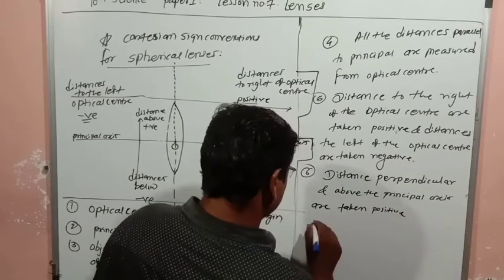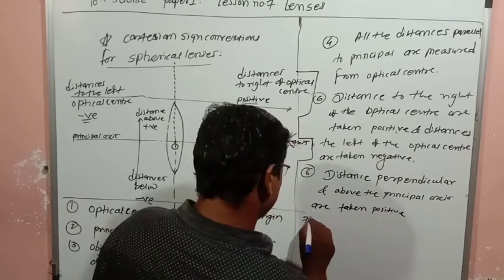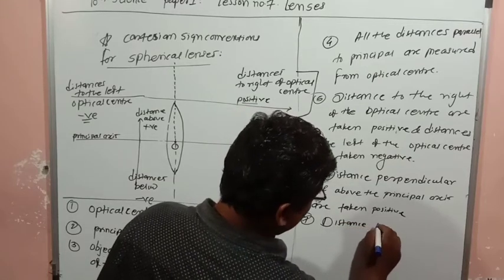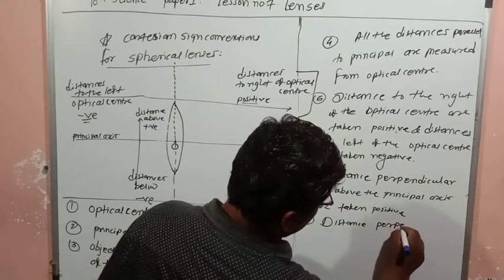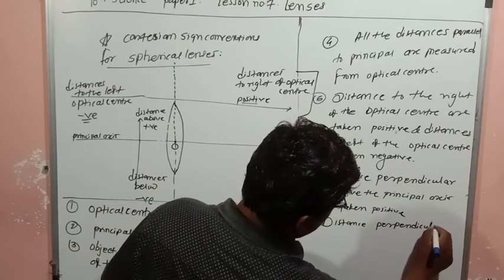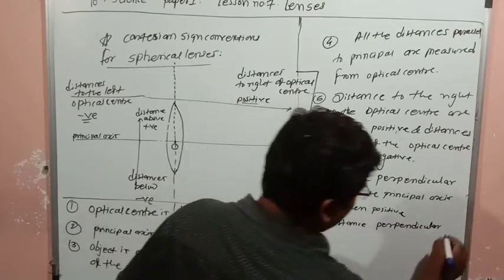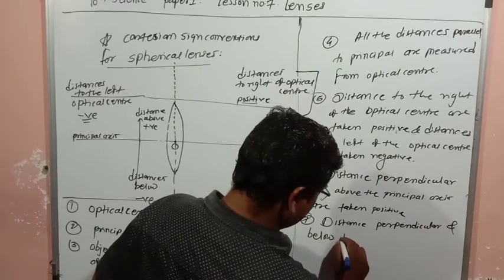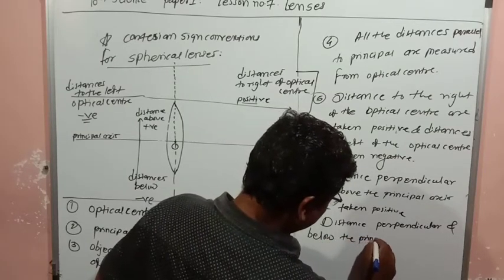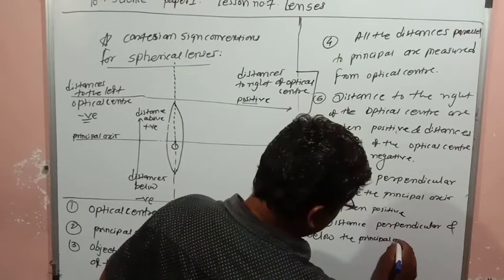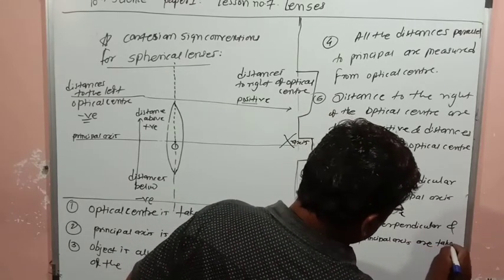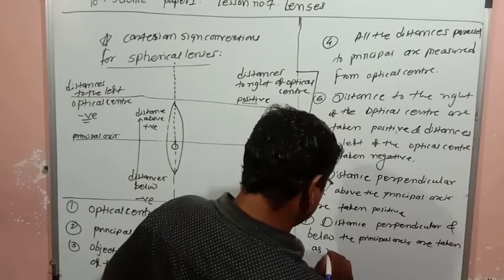Then 7th point, distances perpendicular and below the principal axis are taken as negative.